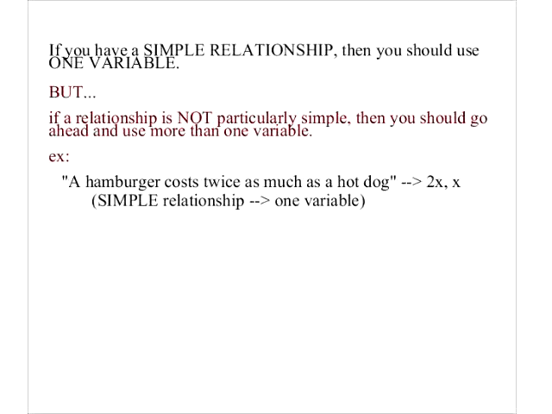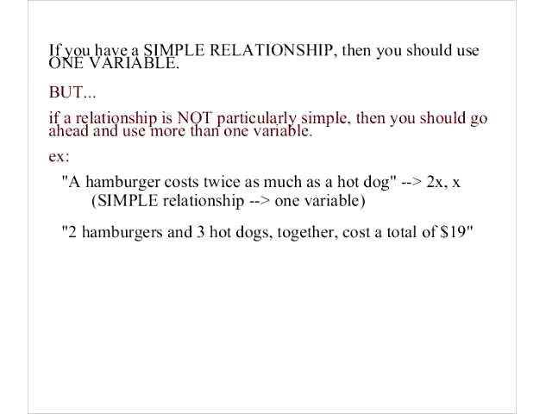However, if you say 2 hamburgers and 3 hot dogs together cost a total of $19, then it's okay to say 2x plus 3y equals 19.